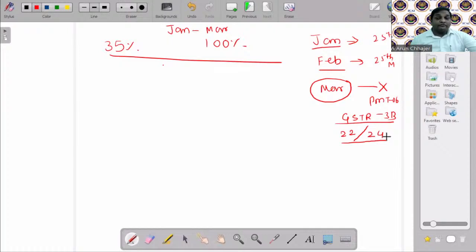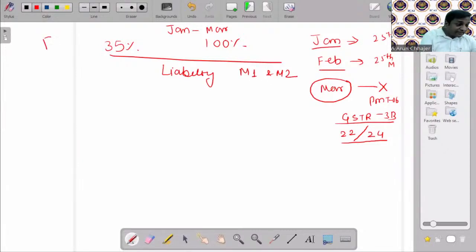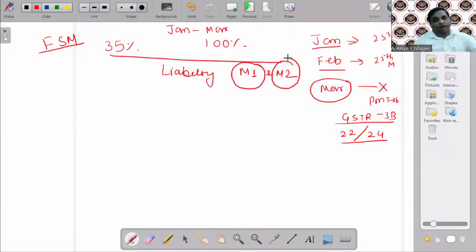So what we are doing, we are calculating how much liability I need to pay for month 1 and month 2. It means in the fixed sum method, one thing is sure: whatever amount you are paying in M1, the same amount you will pay for M2.